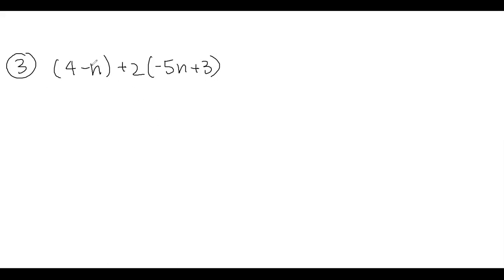Can you simplify 4 minus n? No, because they're different. One's a constant, one's a variable. Can you simplify negative 5n plus 3? No, it's good as it is, because once again, 3 is a constant, negative 5n has a variable in it.